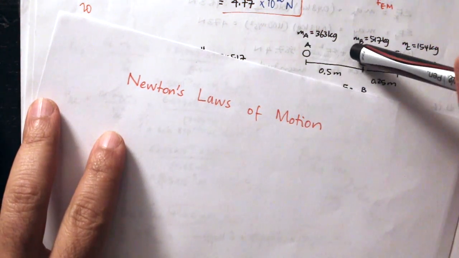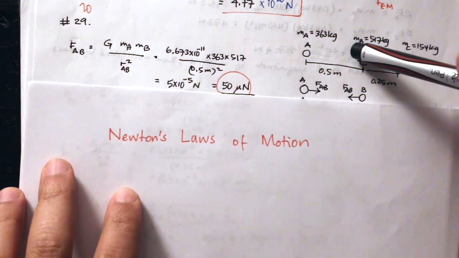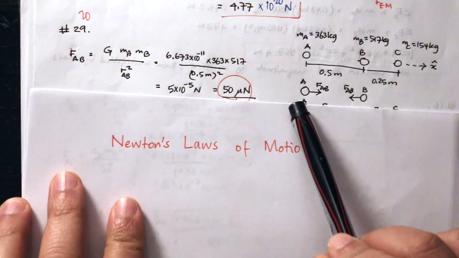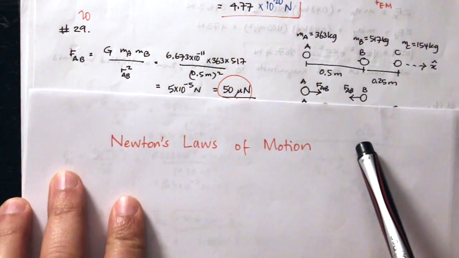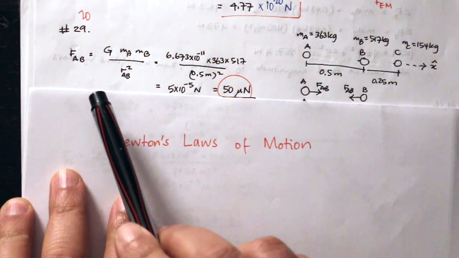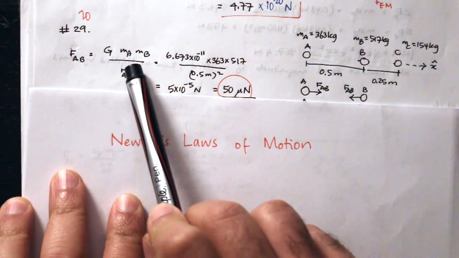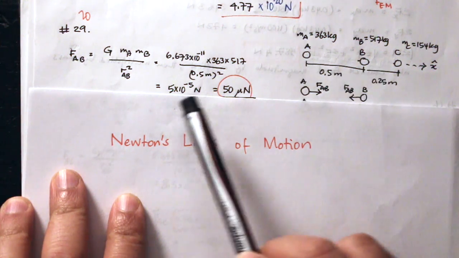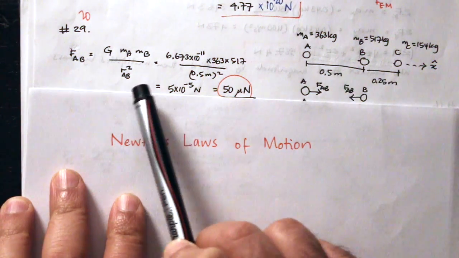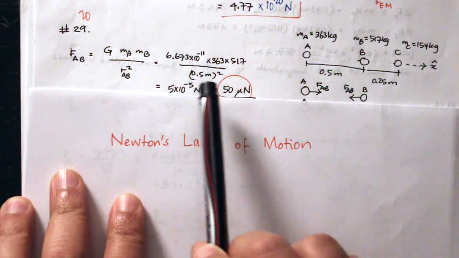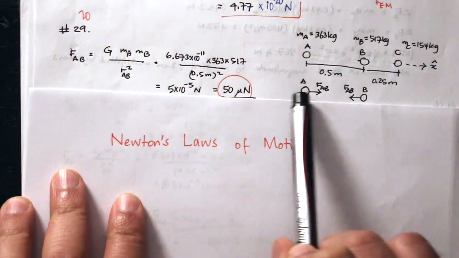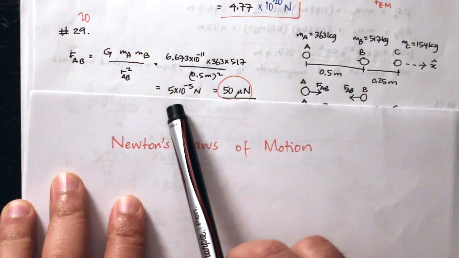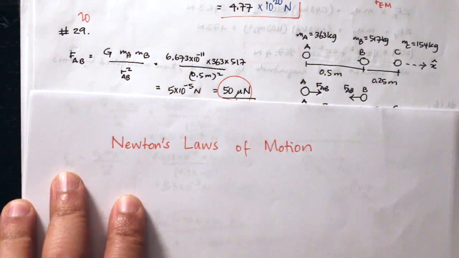So first let's start with A and B. If I look at A and B, the force between them, of course, is an attractive gravitational force, and it's going to be equal to G times the mass of A, mass of B divided by the distance between A and B squared. I have the gravitational constant, I have both masses, and the distance between them is half a meter. So if I sub that in, I get 50 micronewtons.